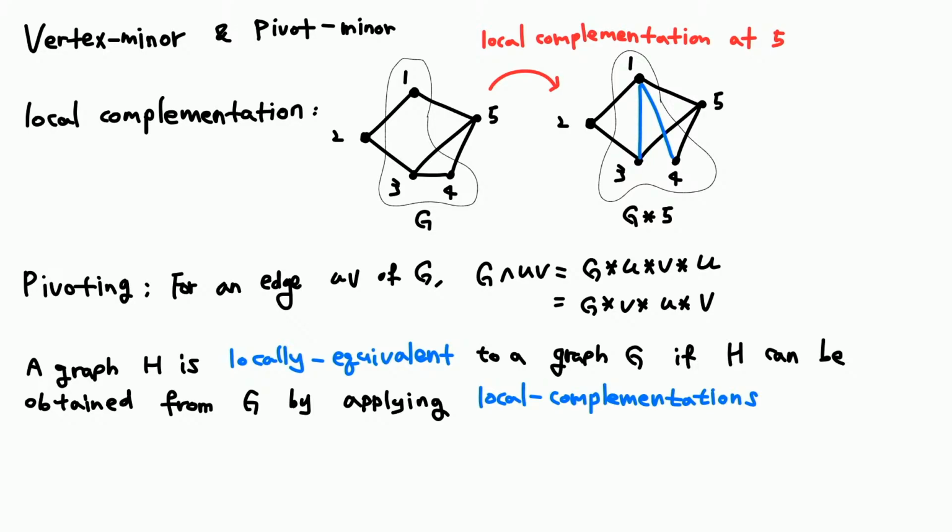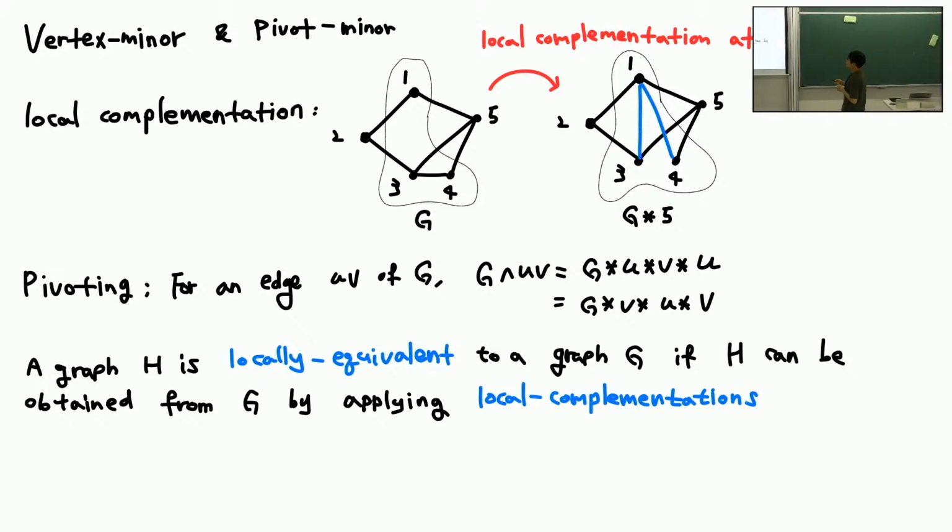Then we take the complement of the graph induced by this neighbor set. So for the neighbors, if they are non-adjacent, they change to be adjacent, and if they are adjacent, they change to be non-adjacent in the resulting graph.